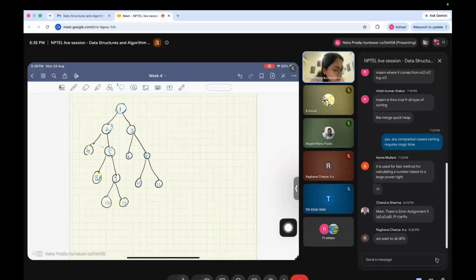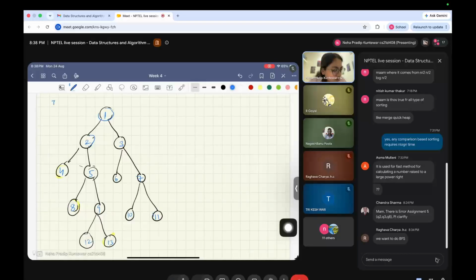Okay. So our goal is that we want to convert the LCA problem into the RMQ problem. And why do we want to do that?